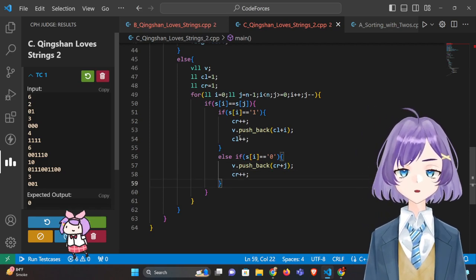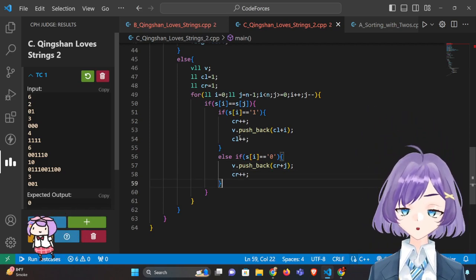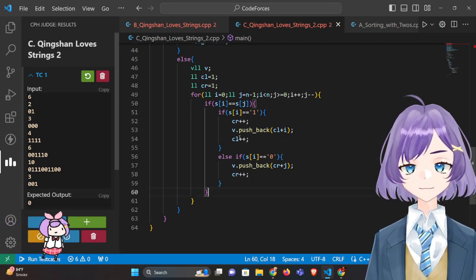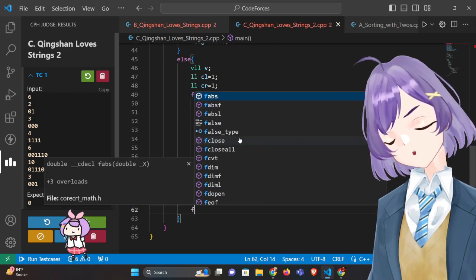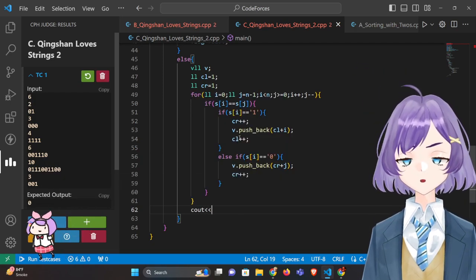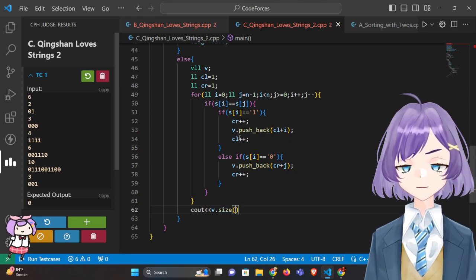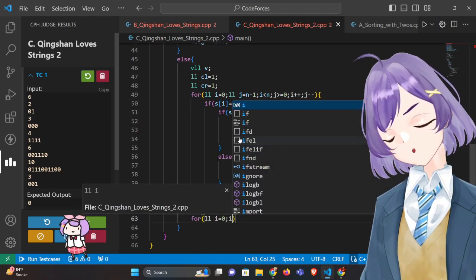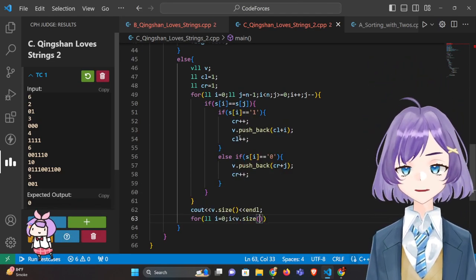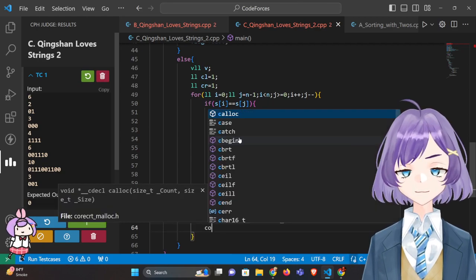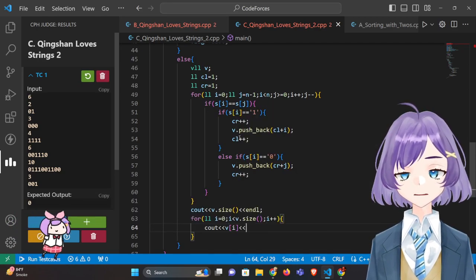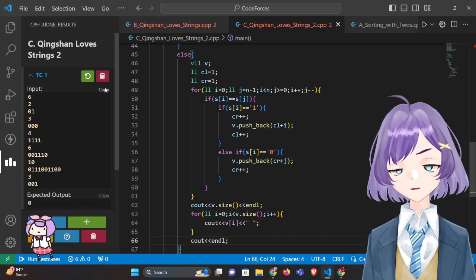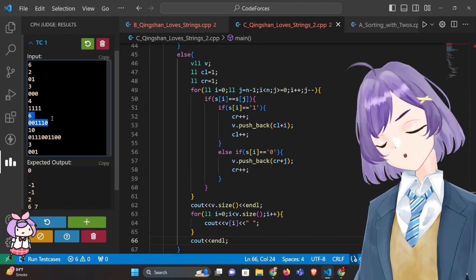Nah, this should work. Cout V dot size, and for I equals 0, I less than V dot size, I plus plus, cout V of I. Cout endl. Here we go with this.